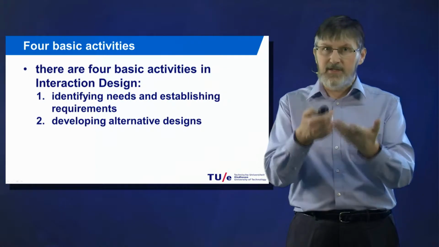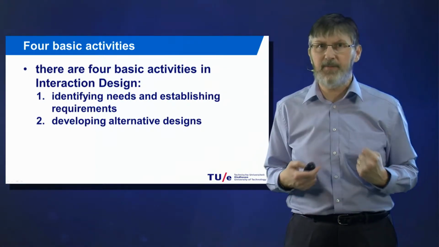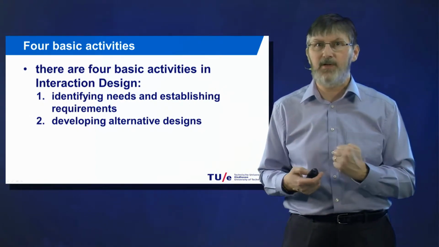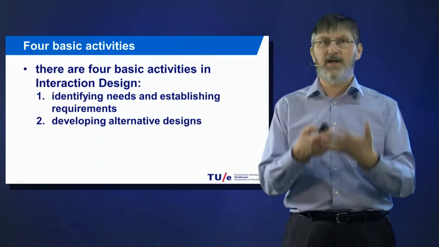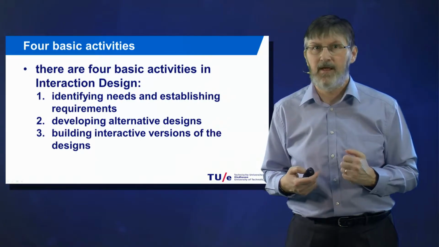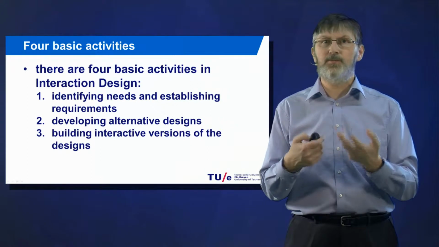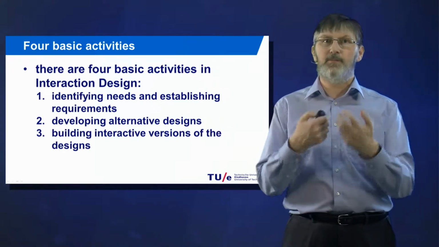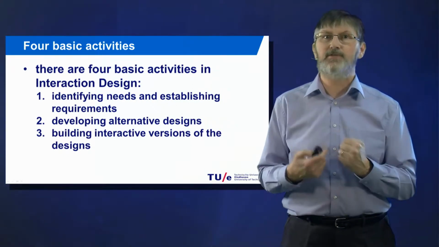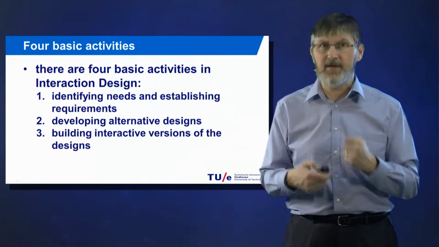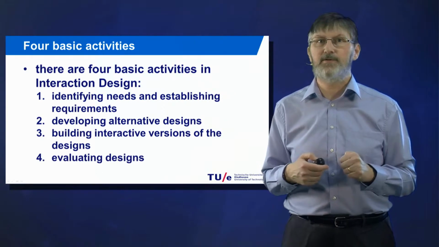So give them to the users, get some feedback, right, and decide which of these possible alternatives have any chance of being successful. Then, for the chosen designs, we're going to build early prototypes. We build interactive versions of these designs so that the users can start playing with these interactive versions.